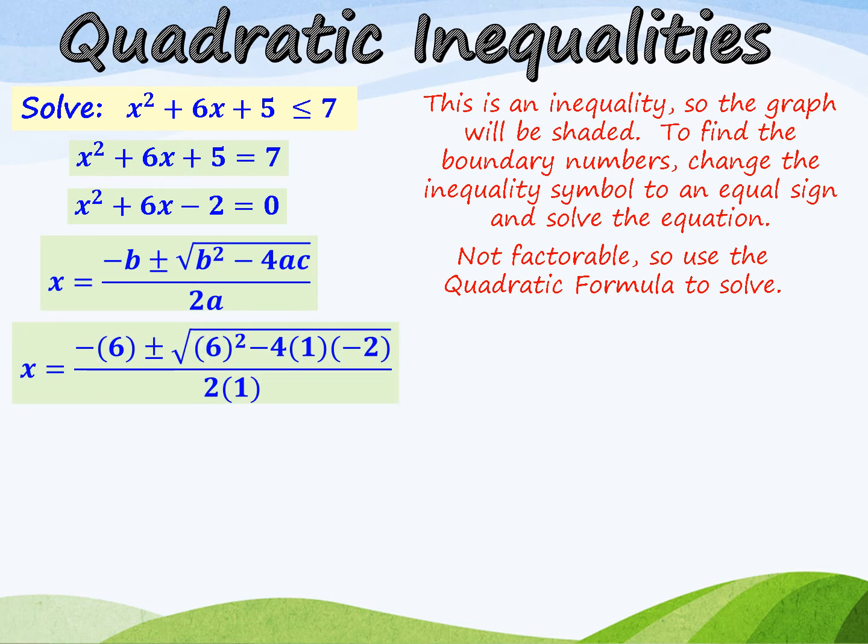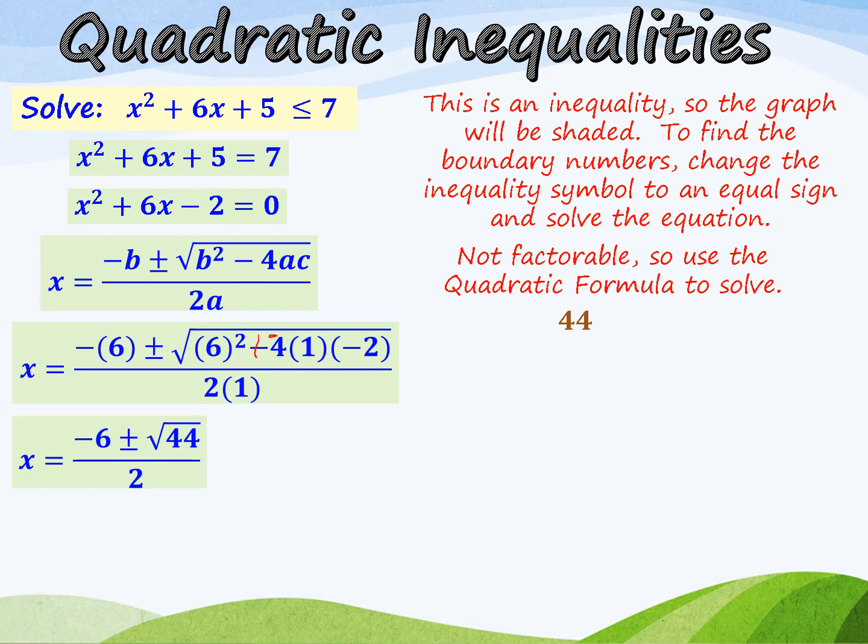Now remember, when doing the quadratic formula, I always do plus a negative. So that way I get 36 plus, and then -4 times 1 is -4. -4 times -2 is +8. So 36 plus 8 is 44. Now I need to see, can I simplify 44?